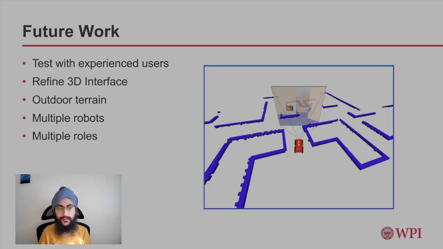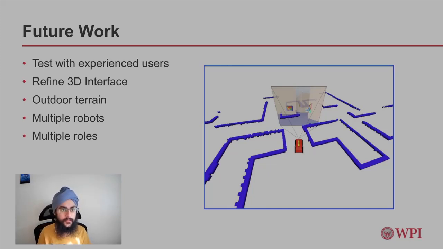So if you're going on an outdoor trail, then you might have an incline, you might have stones. So it'd be an interesting challenge to say, what information do you include in the interface? What information do you not include? Do you keep the perspective level, or do you try and tilt it with the tilt of the terrain?